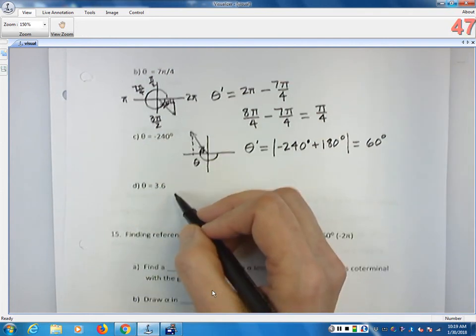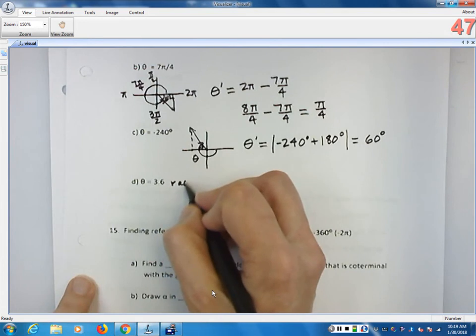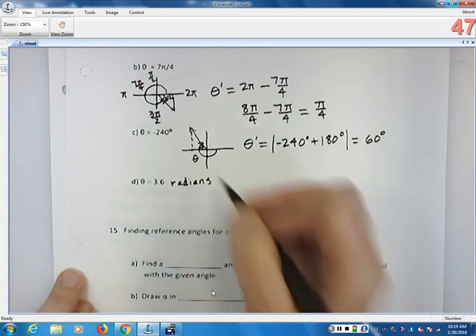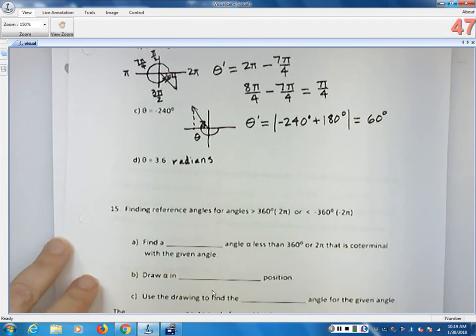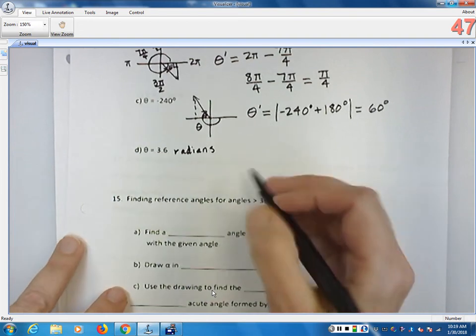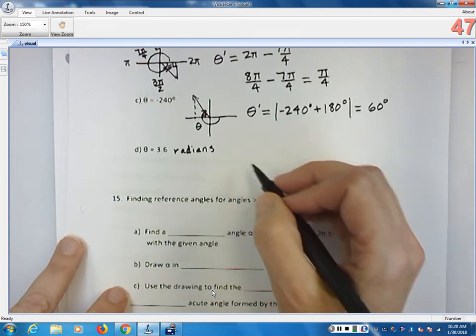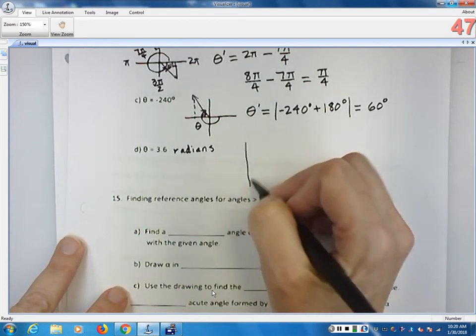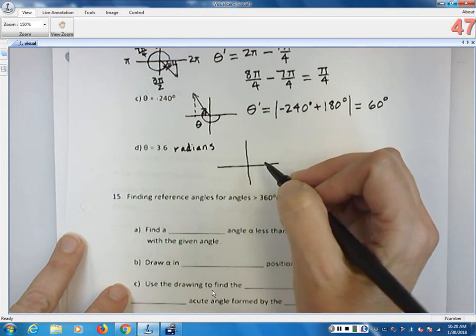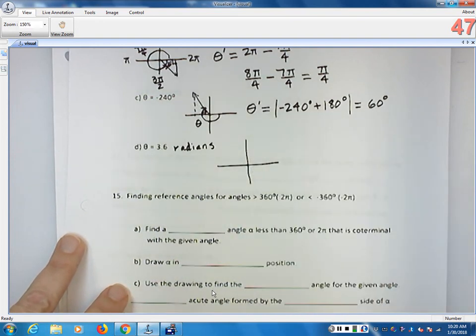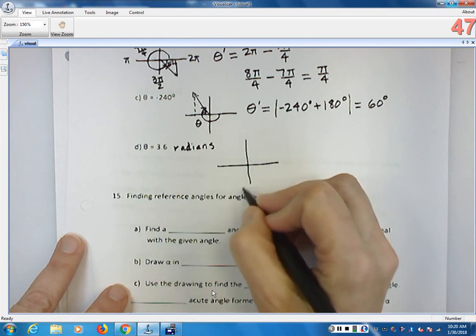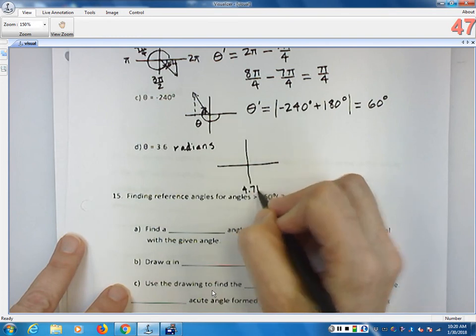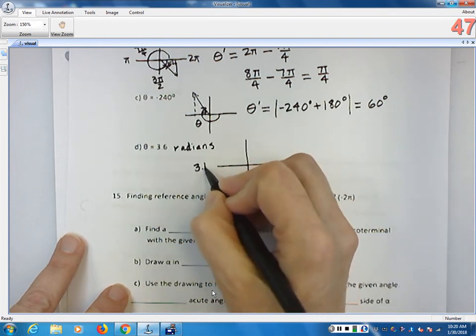Theta is 3.6. This would be in radians. Pi radians is 3.14, and this is 4.71, this is 3.14.